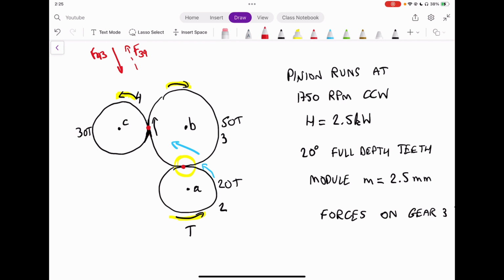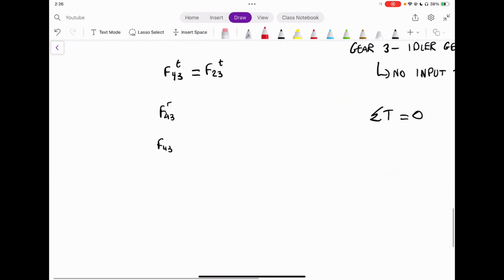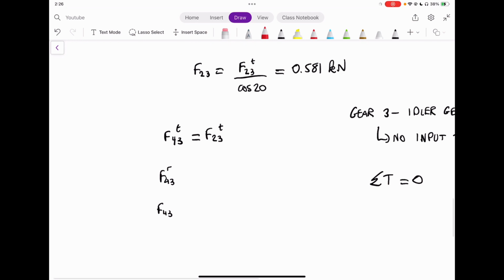So 2 is transferring force to 3, and then 3 is transferring the same force to 4, which means that F43T, in terms of quantity, has to be equal to F23T. It has to be the same.